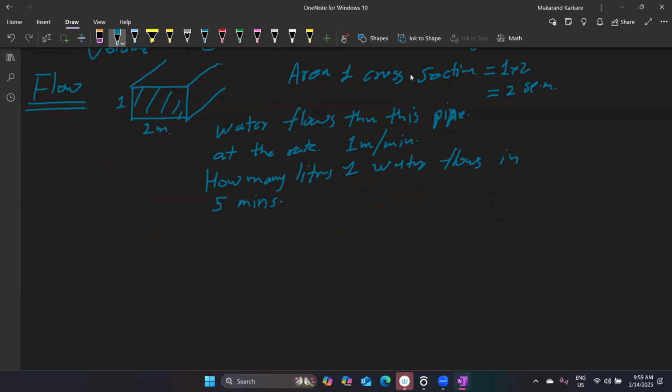And we know volume is nothing but area of cross section into height or length. And so therefore here the volume is going to be 2 square meters, which is the area of cross section, multiplied by 5, which is 10 cubic meters. Does that make sense? And 1 cubic meter is how many liters? 1,000 liters.